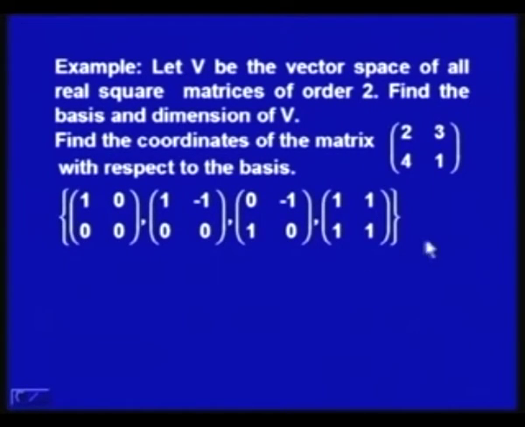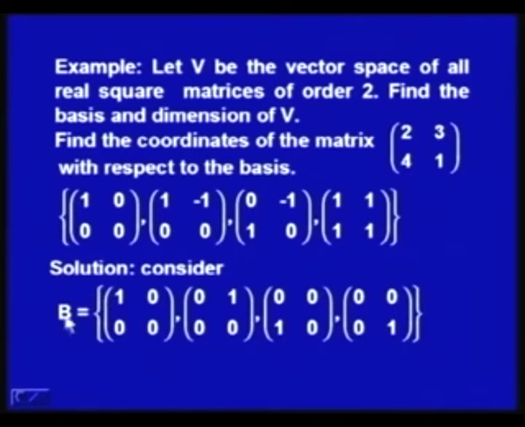We start with this set B consisting of these 4 matrices: [1 0; 0 0], [0 1; 0 0], [0 0; 1 0], [0 0; 0 1].